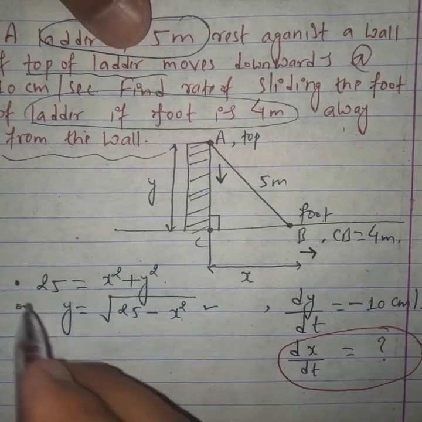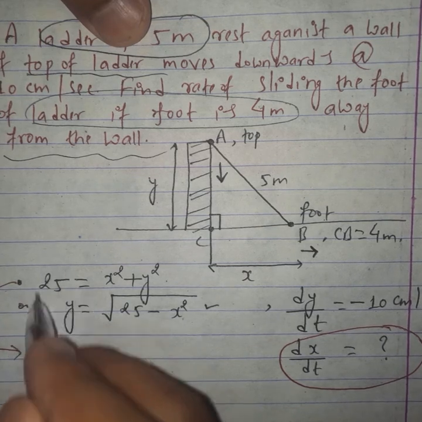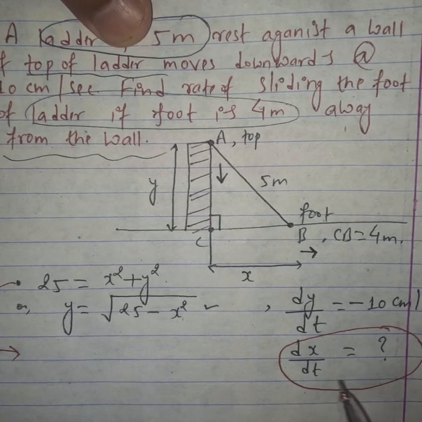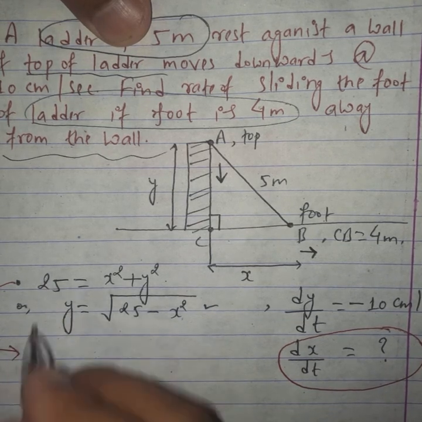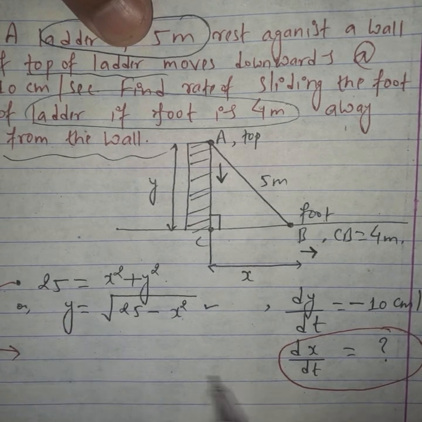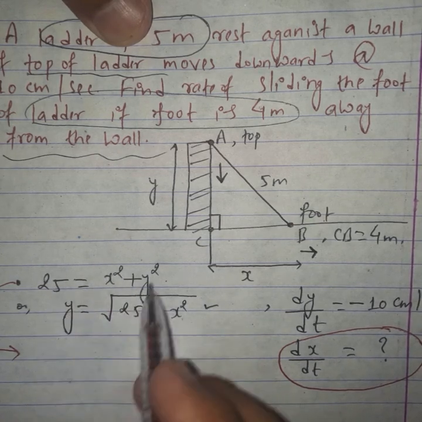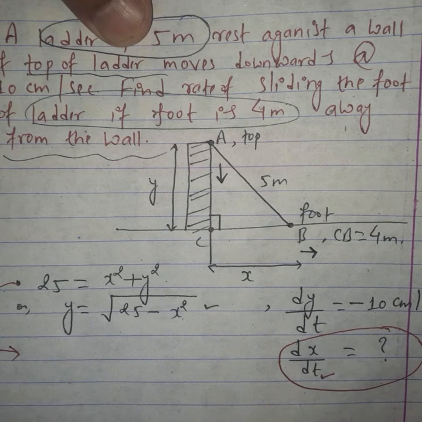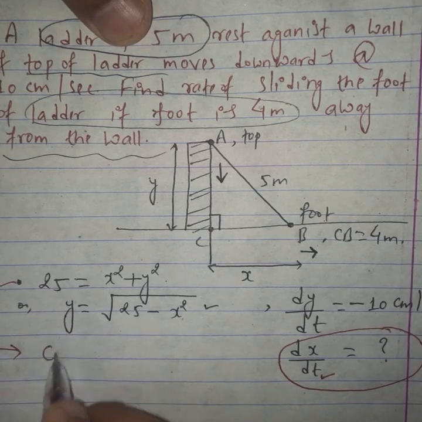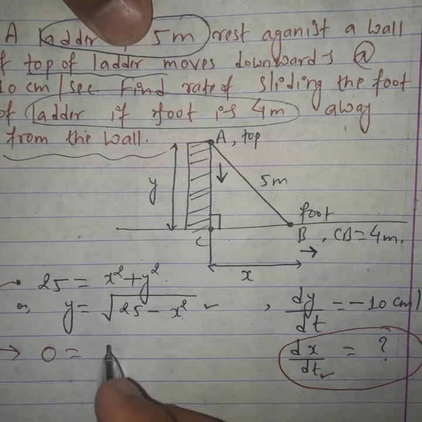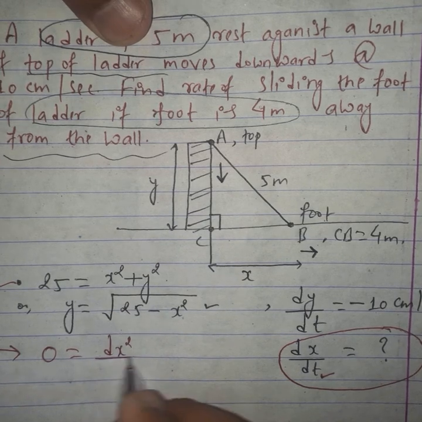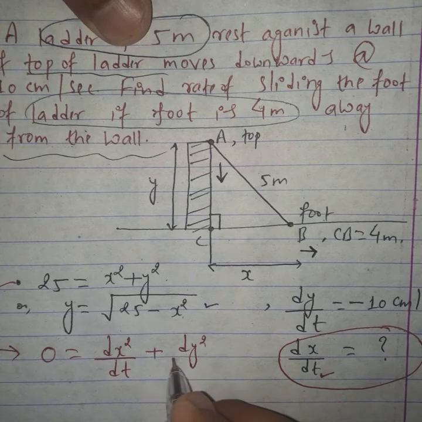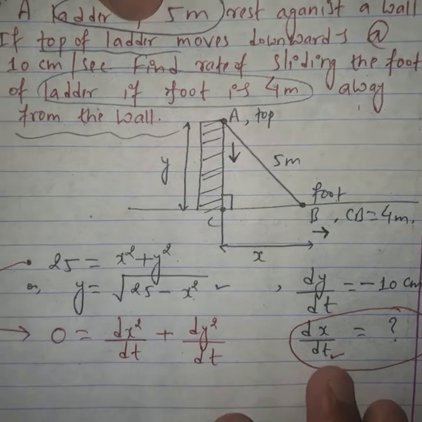Let's differentiate this equation by implicit differentiation with respect to the variable time. The derivative of 25 is 0, equal to the derivative of x square with respect to time plus the derivative of y square with respect to the same variable time.